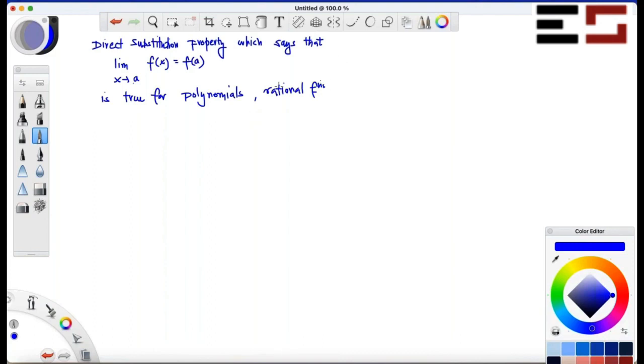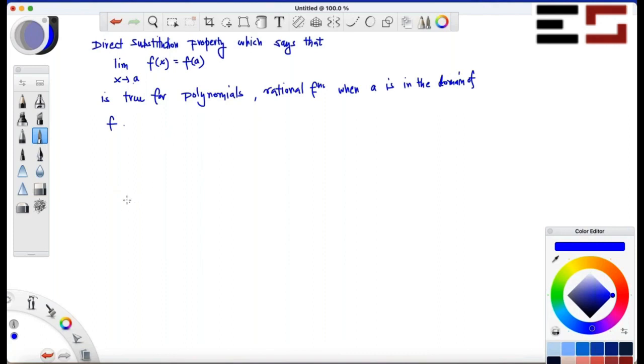So it's true for polynomials, rational functions, when a is in the domain of f. Is that clear? Okay. Fine.